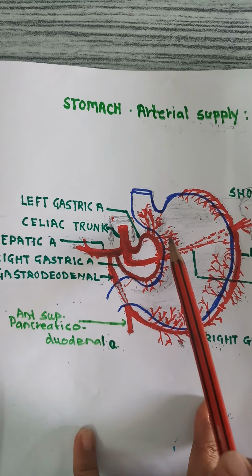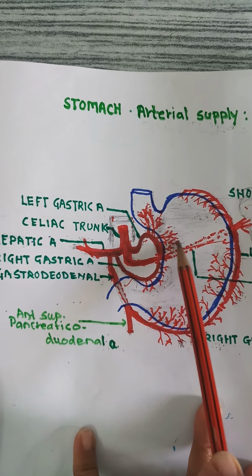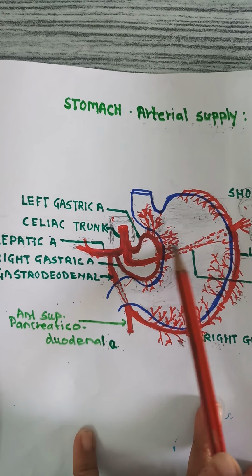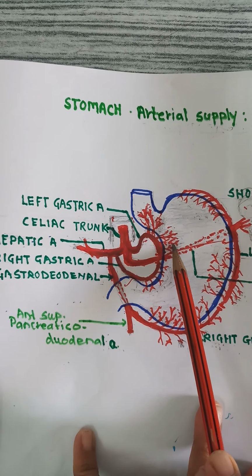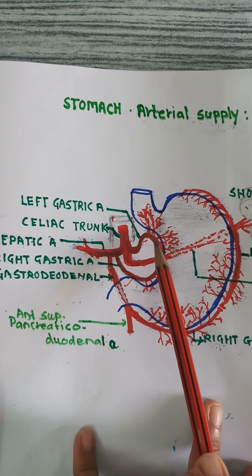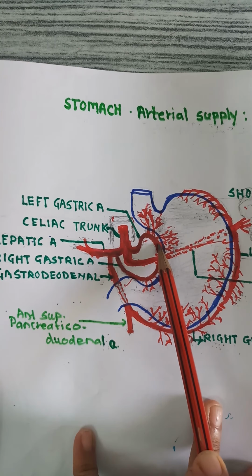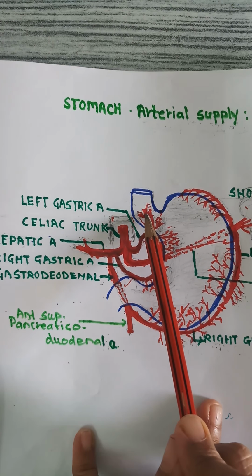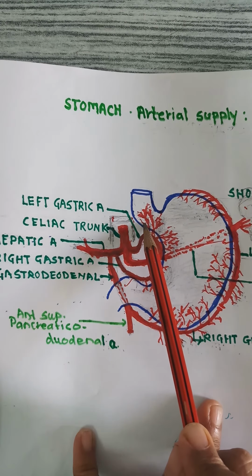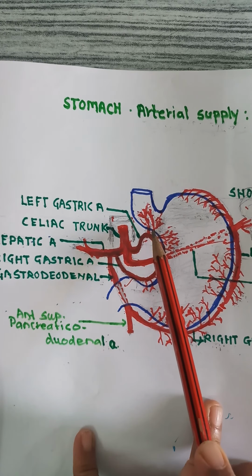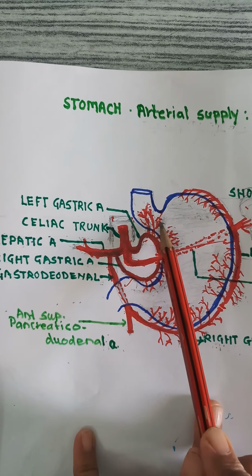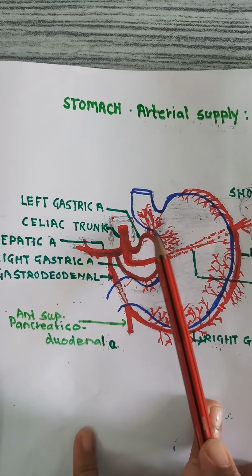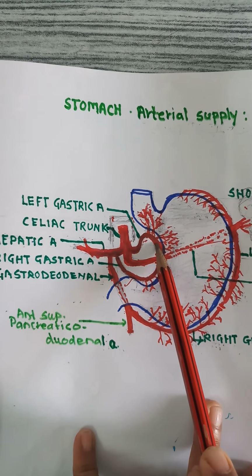Okay. So this superior part of the lesser curvature and adjacent anterior as well as posterior area is supplied by the left gastric artery, as well as the lower part of the esophagus. This cardia of the stomach is also supplied by the left gastric artery.